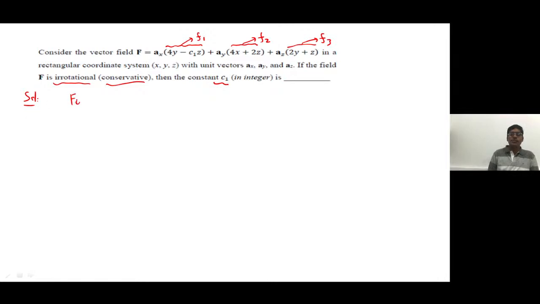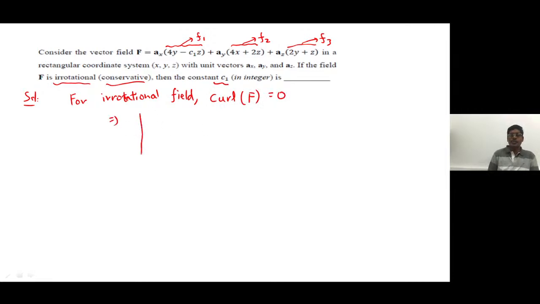So for an irrotational field, we have curl f equal to 0 bar.